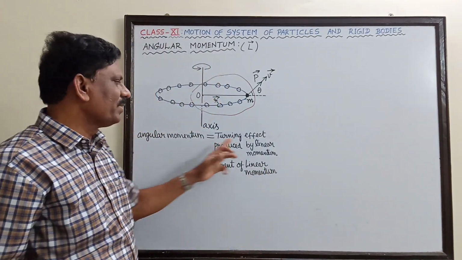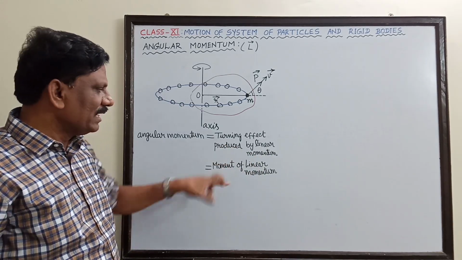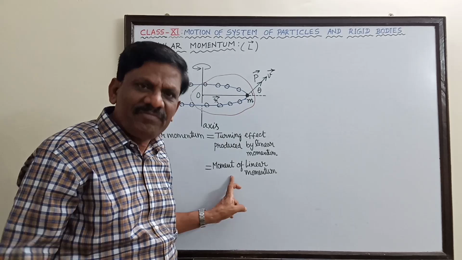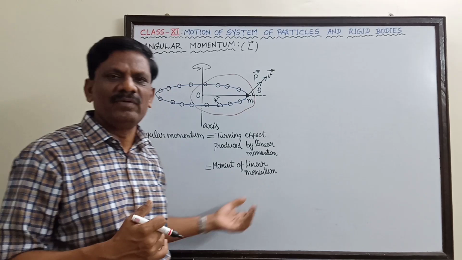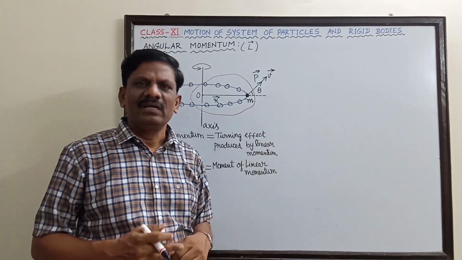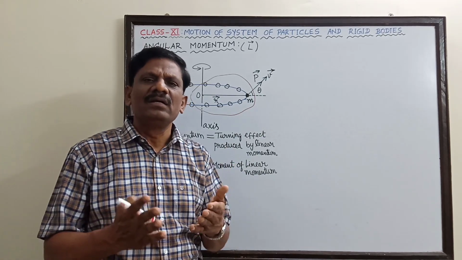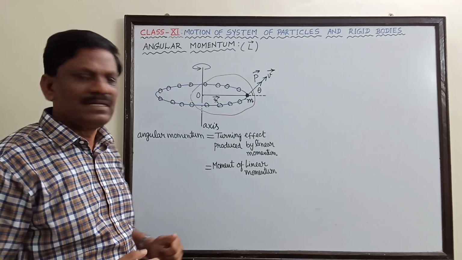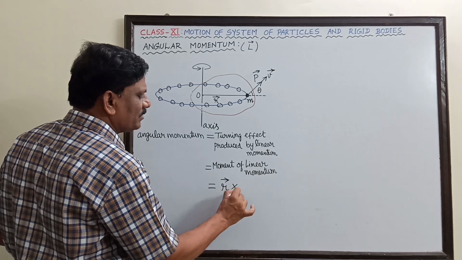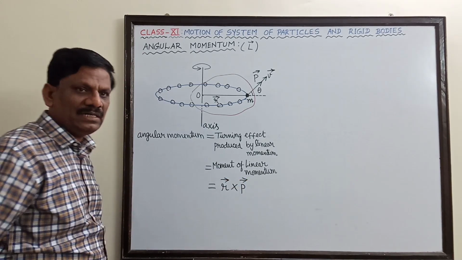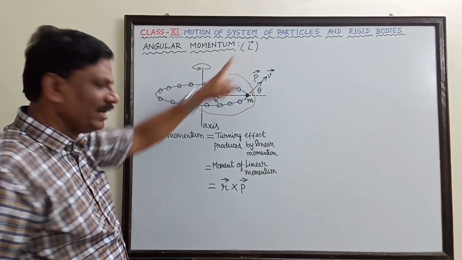This turning effect produced by the linear momentum is called angular momentum, which is also called the moment of the linear momentum. Understand? Moment of a force, how did we derive? R cross product with F. Like that, moment of linear momentum means how to write? It must be R cross P. So this is the position vector or radius vector cross product with the linear momentum vector. And this angular momentum is represented by capital L vector.